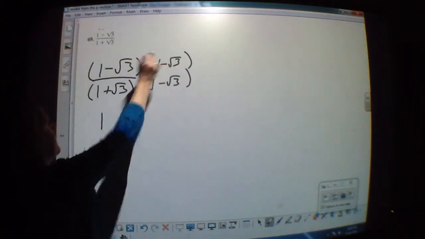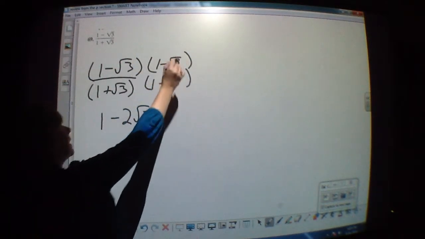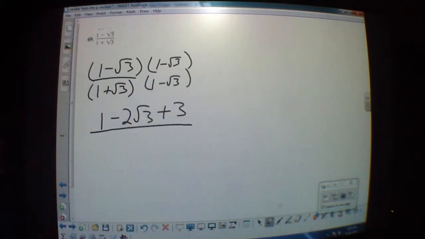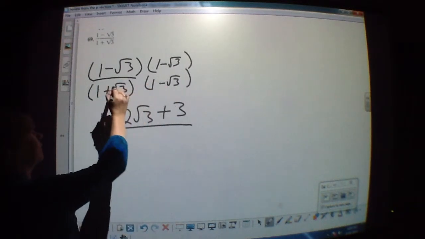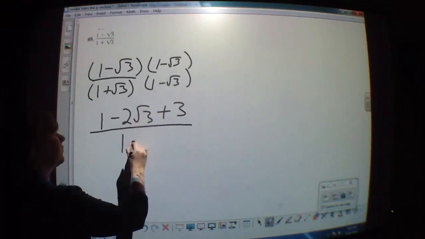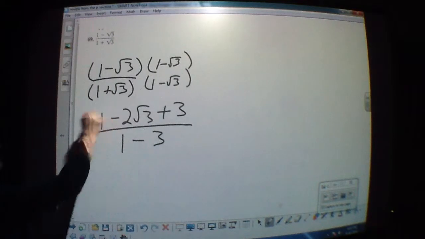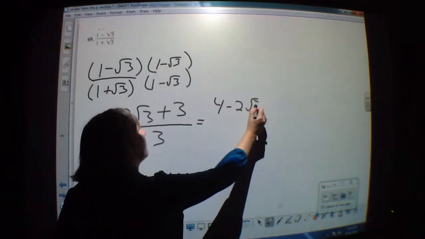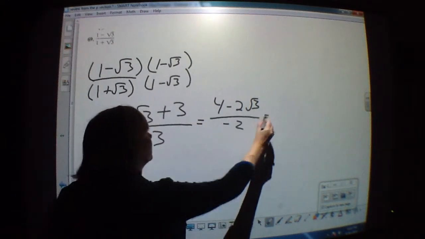Minus radical 3 minus radical 3 is minus 2 radical 3. Negative radical 3 times negative radical 3 would be a positive 3. Denominator: 1 times 1 is 1. Outer cancels, inner cancels. Radical 3 times a negative radical 3 is minus 3. Combine your like terms. 1 and 3 is 4 minus 2 radical 3. 1 minus 3 is negative 2.